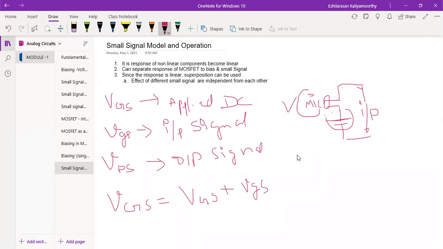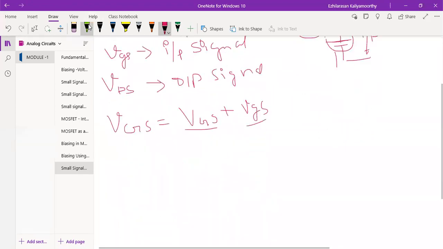This VGS is this one, this vgs is this one, and the total VGS is this. This is what we are going to study. From this, VGS is a DC component, and this is the small signal component, which I sometimes call the signal component.